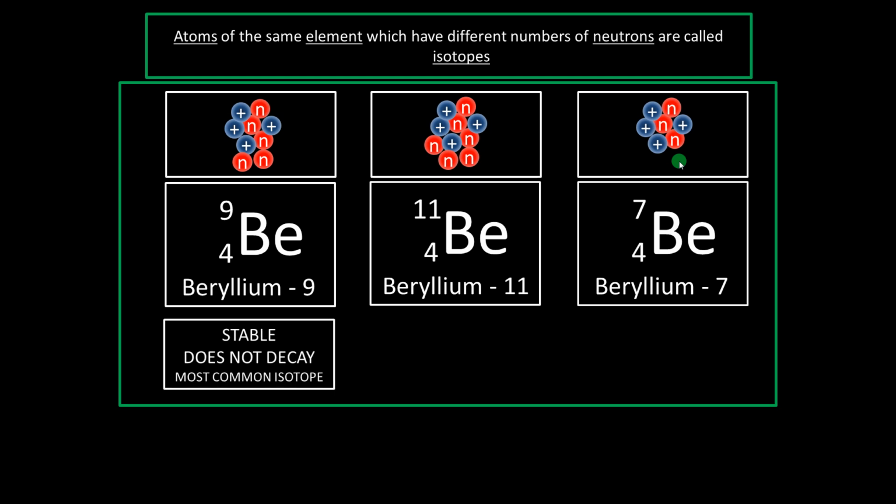So, what do these isotopes do? Well, the key thing is that some isotopes are stable. That beryllium-9 isotope we looked at is stable. It doesn't undergo radioactive decay, and it tends to be that the stable isotope is the most common one, and that's mainly because it hasn't decayed away since it was created.